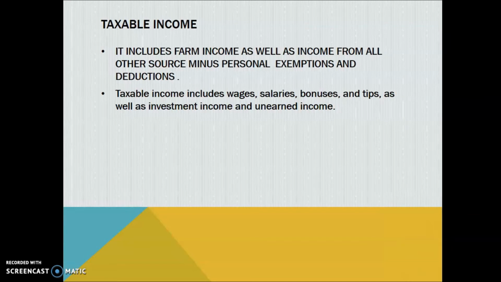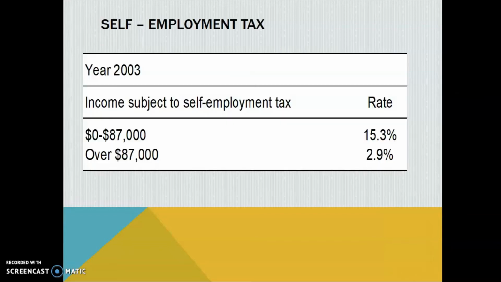When you then subtract deductions from your adjusted gross income, the resulting amount is the taxable income on which your taxes are calculated.